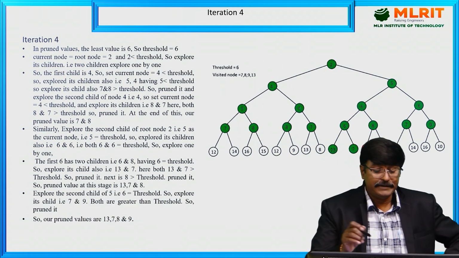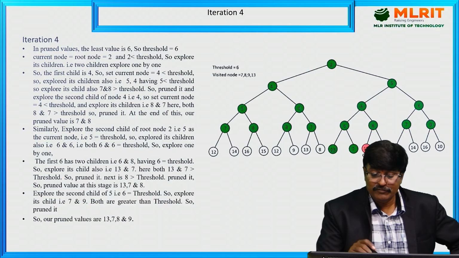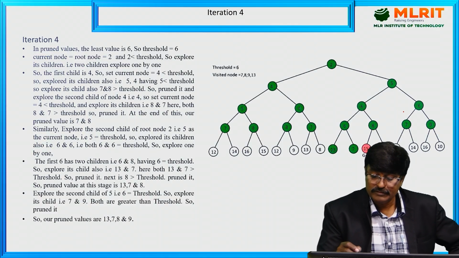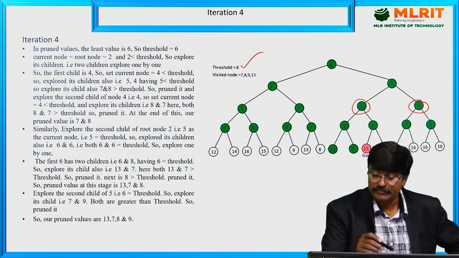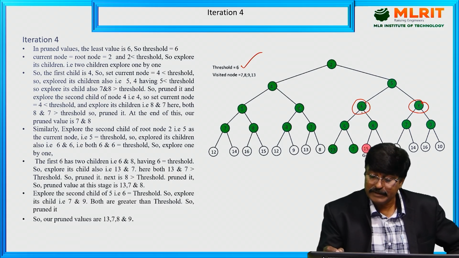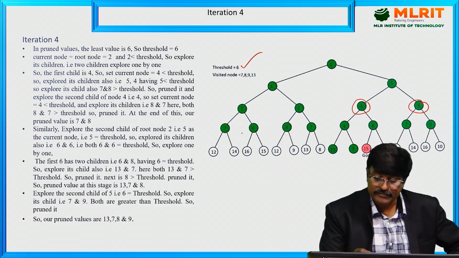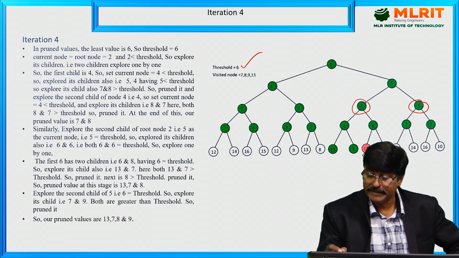Then iteration 4. In iteration 4, previously we visited those nodes, and now out of them we find which one is the least node. So 6 is there, and we keep the threshold as 6. This time we expand wherever 6 is there, those nodes we expand further.